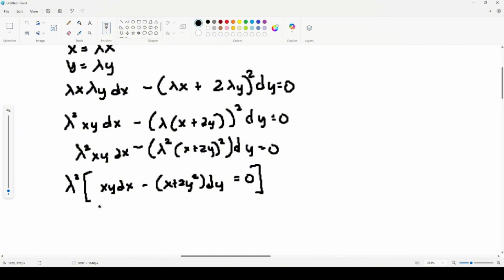We can now write down, therefore, the equation is homogeneous of degree 2.